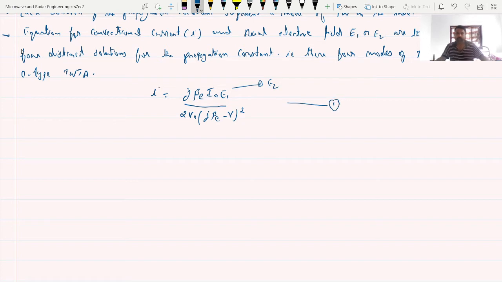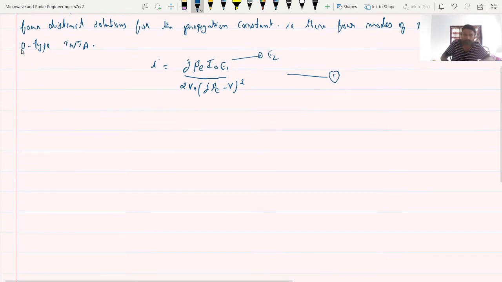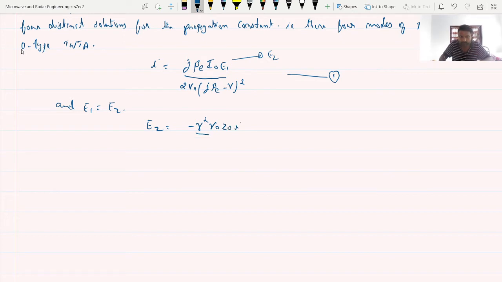Call it equation number 1. And E1 equal to Ez is given by minus gamma square gamma naught Z naught I divided by gamma square minus gamma naught square, called equation number 2.